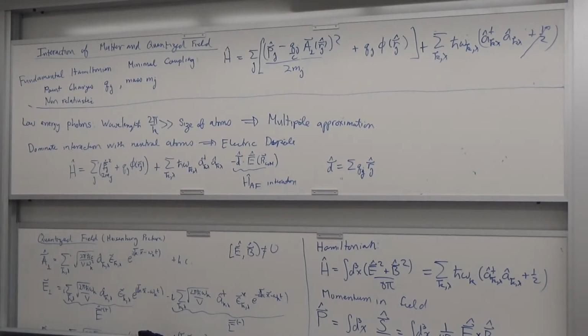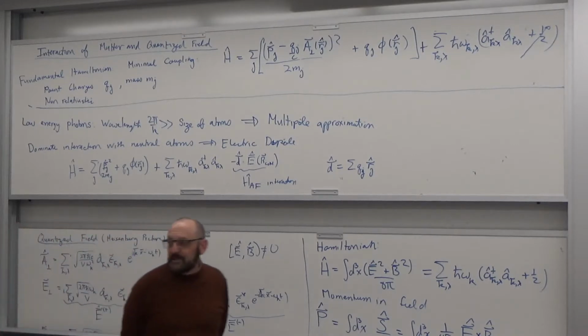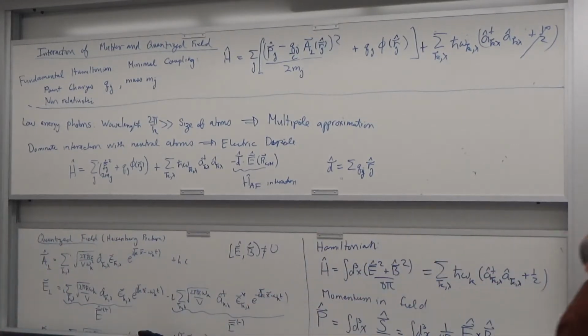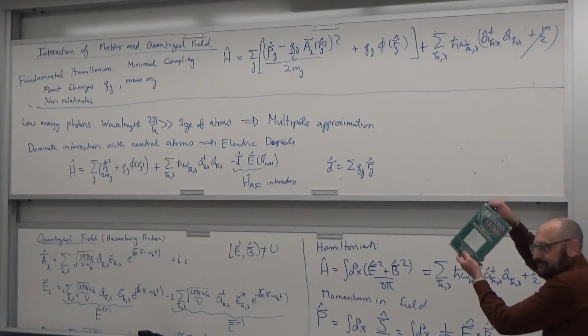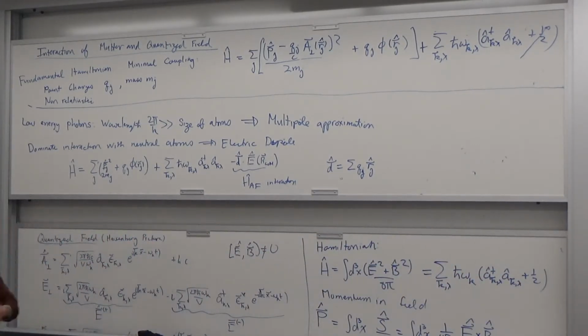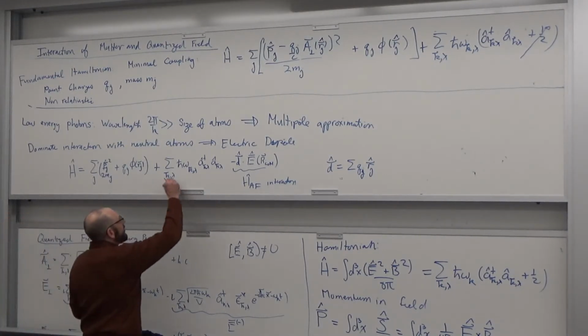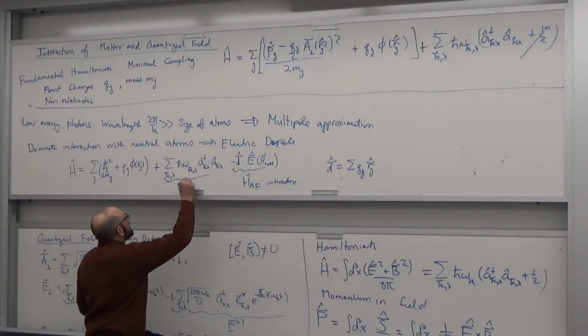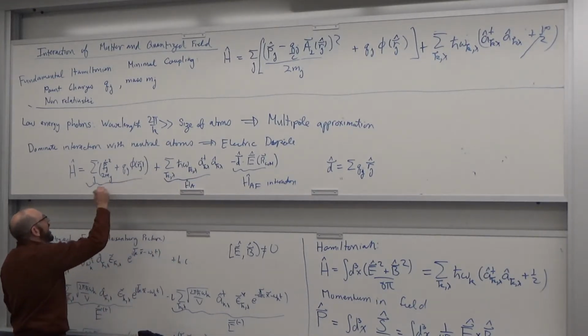A became E when we did the multipole approximation, which I didn't go through, just not worth it. And this is at the center of mass. This is the Hamiltonian of the field, and this is the Hamiltonian of the atom.